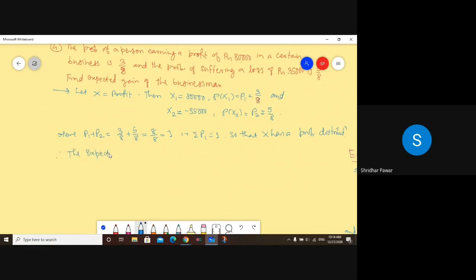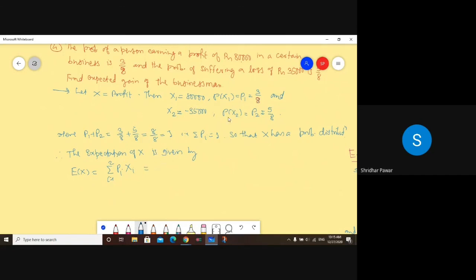Okay, therefore the expectation of x, what is x? Profit's expectation is given by expectation of x is equal to sigma pi xi, i is equal to 1 to 2 here. So now P1 into x1.